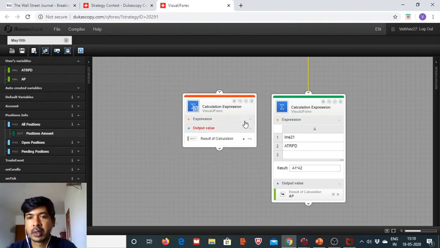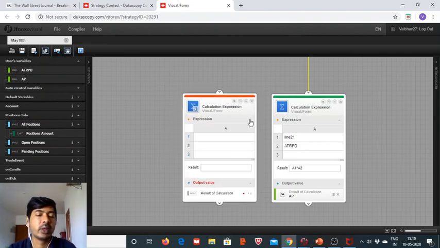Now the next calculation would be defining the point of execution, which will be either 15% of the ATR lower, that is, it should be less than the maxima by this amount of 15% of the average true range value.